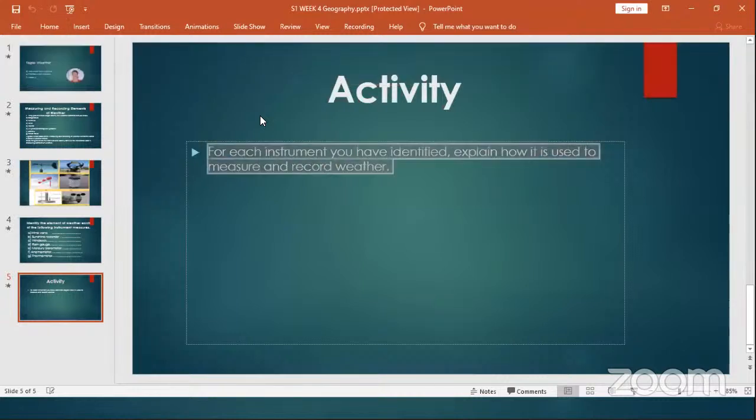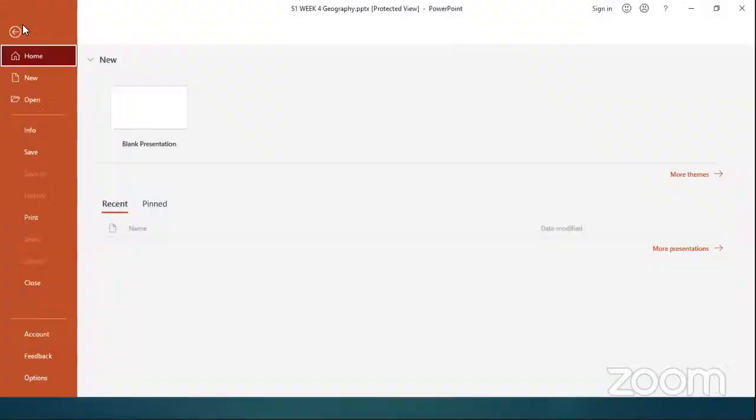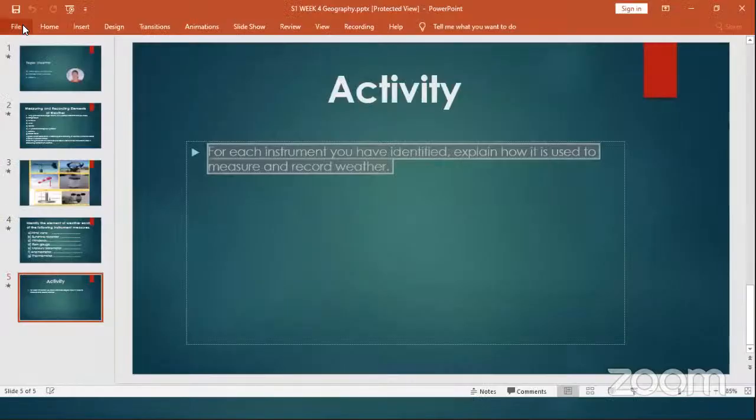People are typing, I can see, but I want to hear from Birunji. What is the use of anemometer on a weather station?